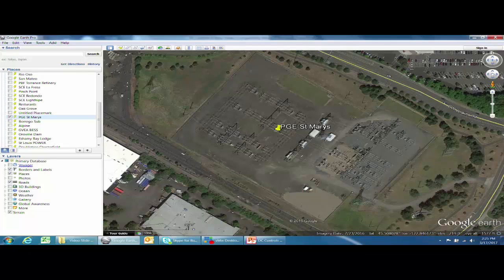This line goes about 3 miles to Bonneville Power substation, and it's a very strong source. And then there's a transmission line that goes out this direction to another Portland General substation, and it is equally strong, so that either of these two lines can carry the full load of the substation under most circumstances.